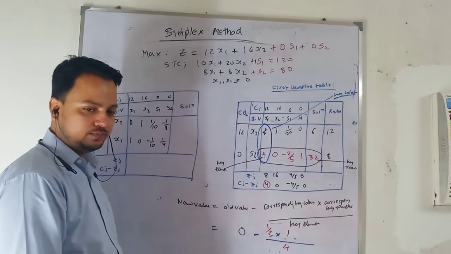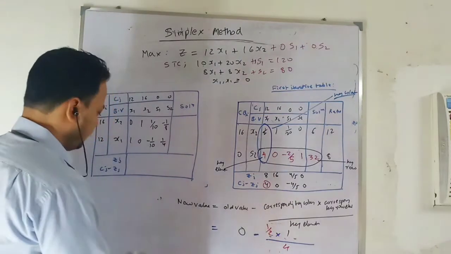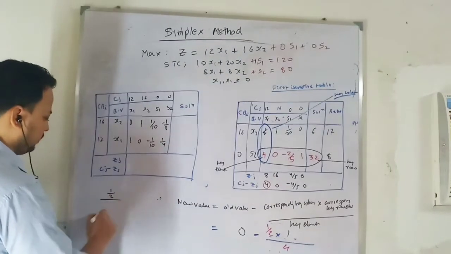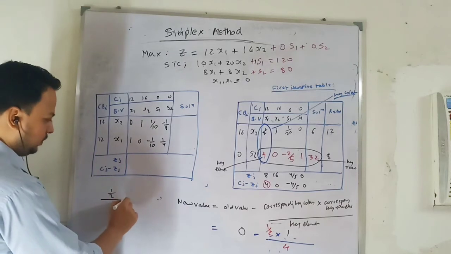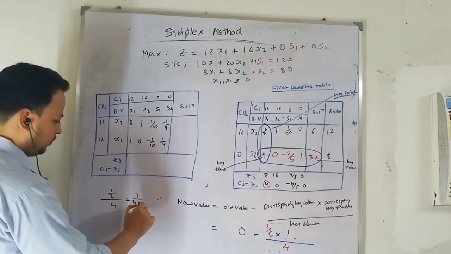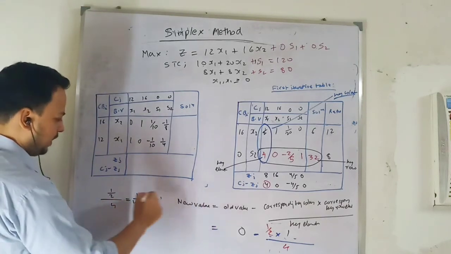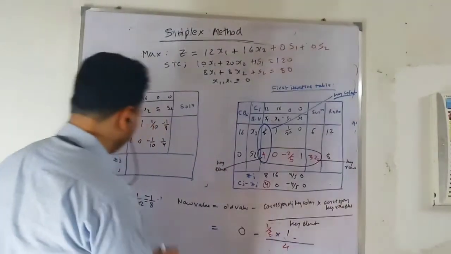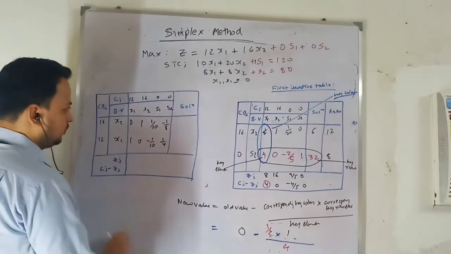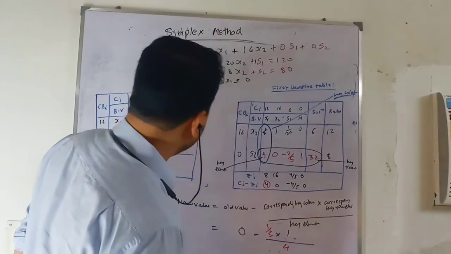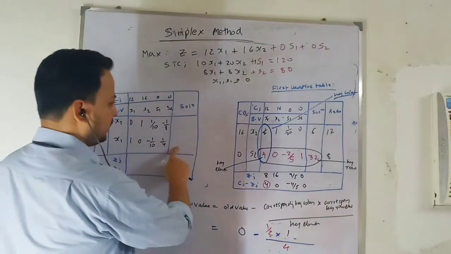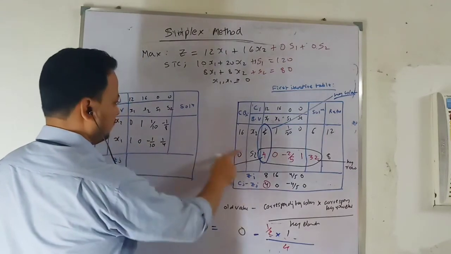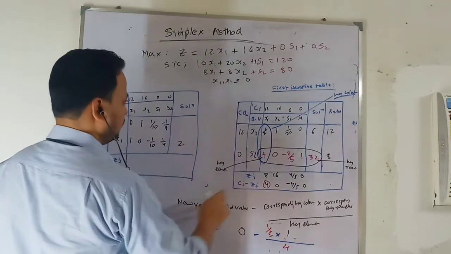Yes or no? When you have 1 by 2 divided by 4, you can write 1 by 4 into 2. So this will be 1 by 8 and you have negative sign. Minus 1 by 8, okay? Solution here, okay? It will be 8 divided by 4. Key element is here, it will be 2.